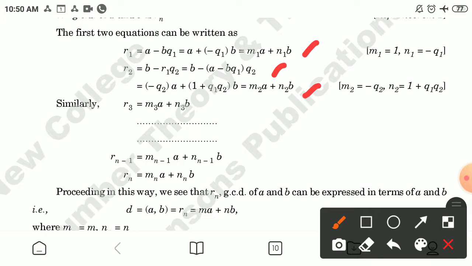It is equal to m2a + n2b, where m2 = -q2 and n2 = 1 + q1q2.